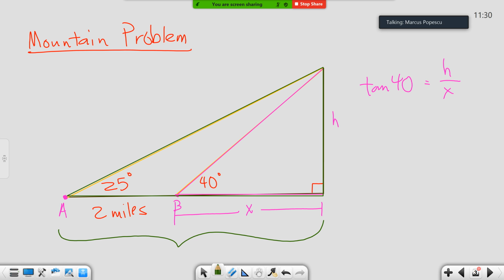I'm not sure. You don't know how long this green bracket is? The bottom of this triangle? Wait, no. Wouldn't that be 6 miles? No? Or no, 2 plus X. Thank you. I'm going to write it as X plus 2 for no particular reason.